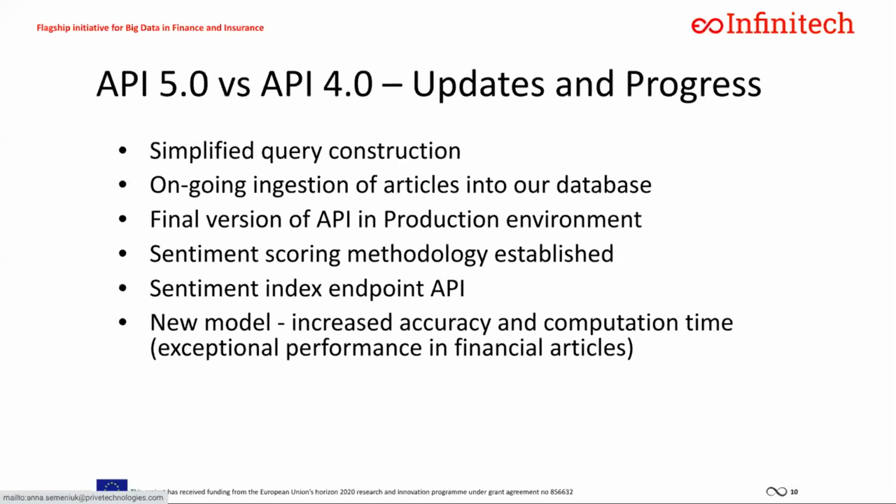We finalized the API version and it's in production environment already. The sentiment scoring methodology is established, so we closed that part. We have added a new endpoint for a sentiment index API, and we have a better model which is faster and has a better accuracy compared to the previous one.